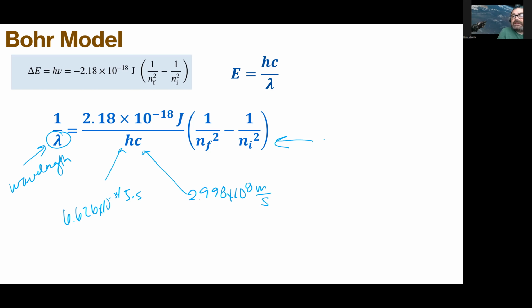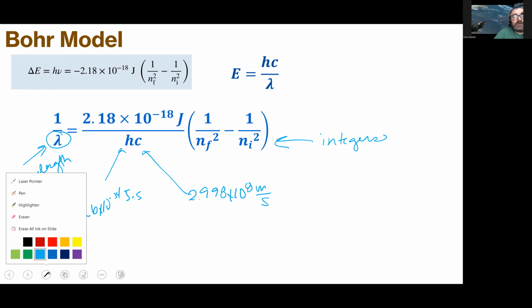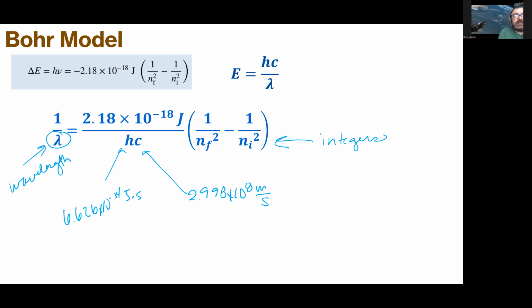Both of these n's here are integers. Our challenge is remembering that if we're solving for wavelength, this is really 1 over the wavelength, and hopefully I can help us get through that. All right, let's take a stab at this.